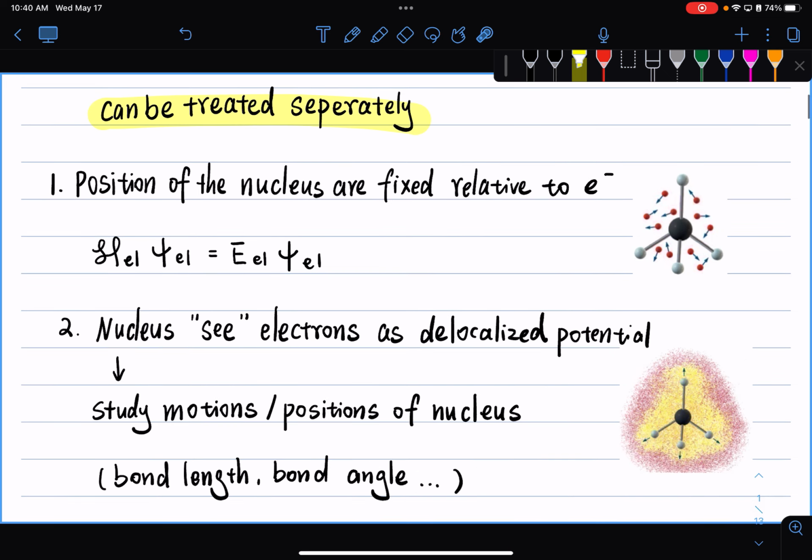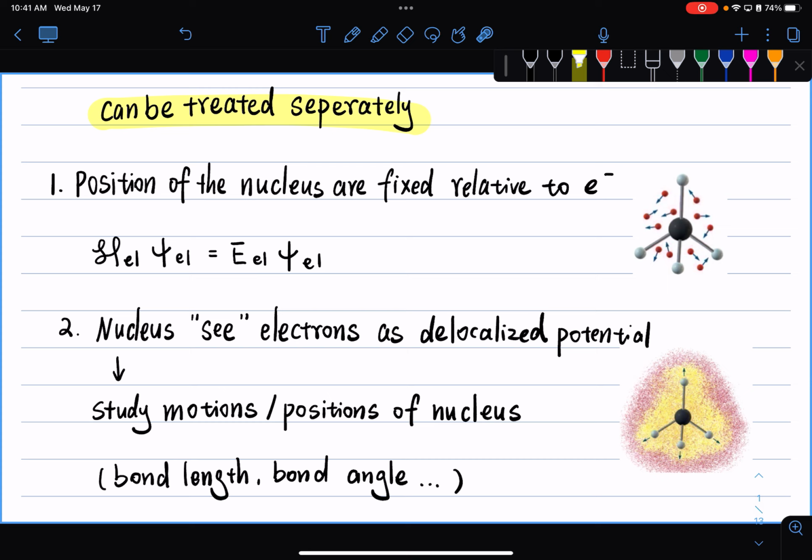At the same time, we know my electrons are moving so fast compared to the nuclei. So from the point of view of the nuclei, the electrons are just delocalized everywhere. It's no longer a fixed particle. So the nuclei see the electrons surrounding them as a delocalized potential.